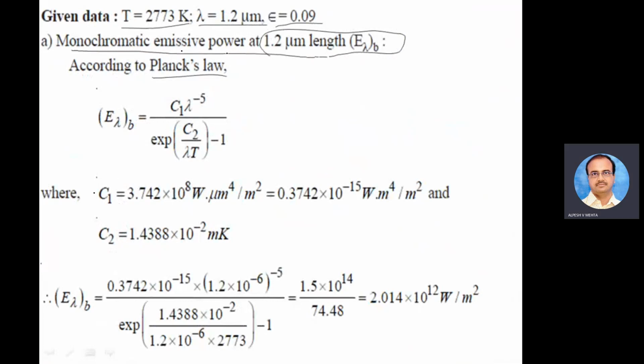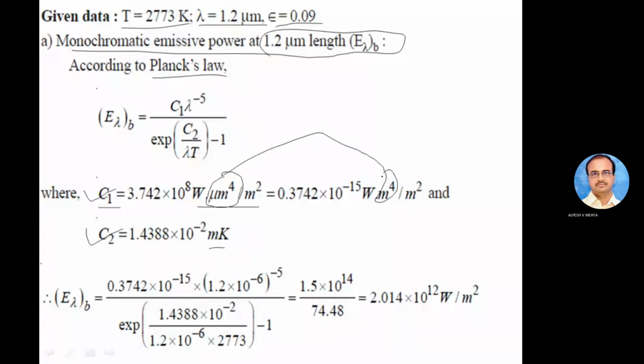As I told in the previous video, you have to remember the values of C1 and C2, plus their units. The value of C1 is available in watt micrometer to the power 4 per meter square, which we convert into meter to the power 4. The value is available here.